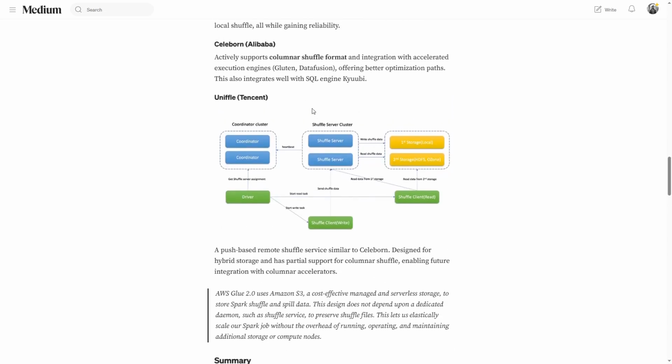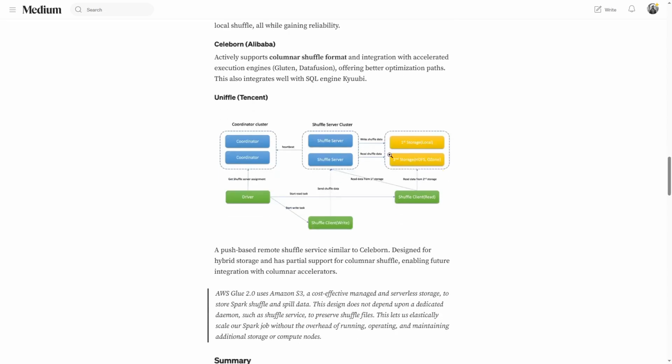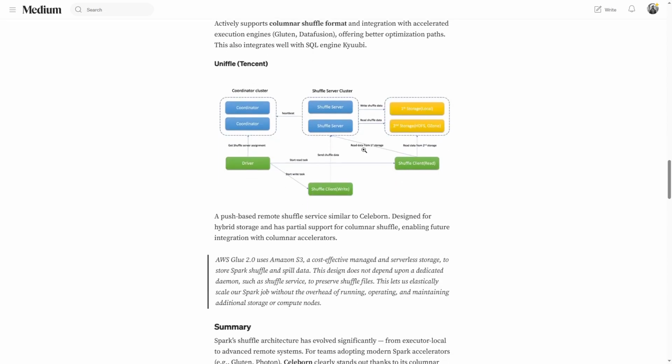So all these, like Unifil, Calibon, GS, are push-based shuffle, where the Spark executors push the shuffle data to these clusters through a shuffle client for a write. For example, in Spark, the driver will create a shuffle client.